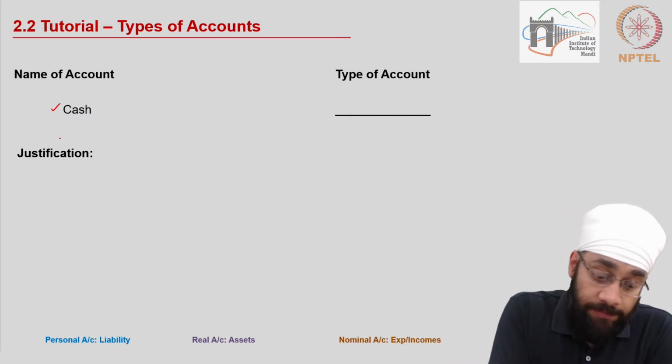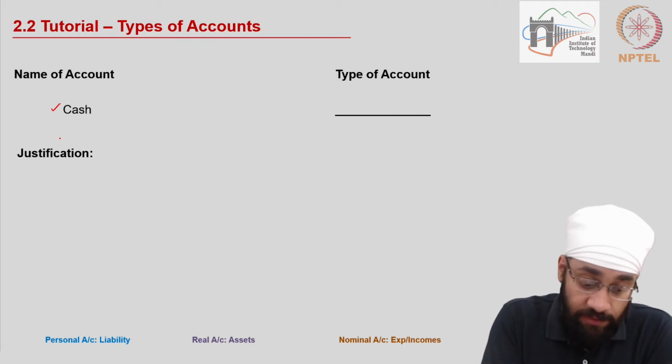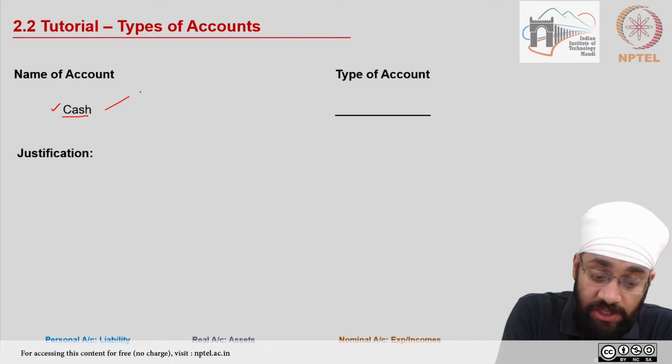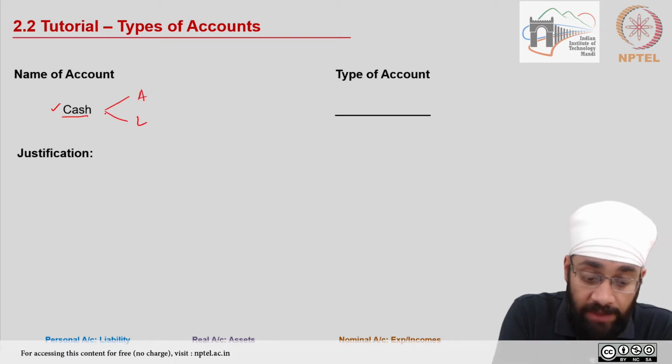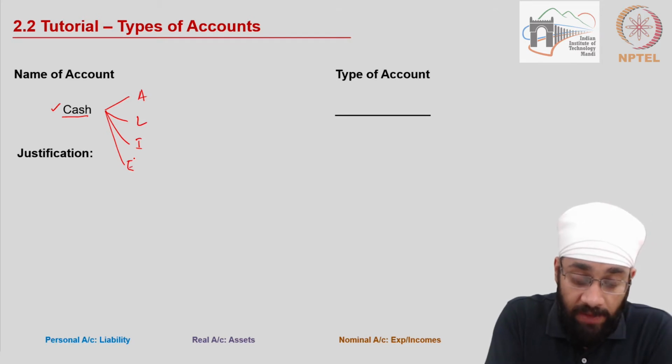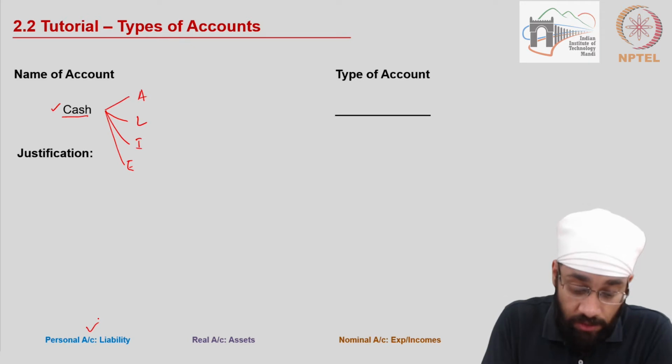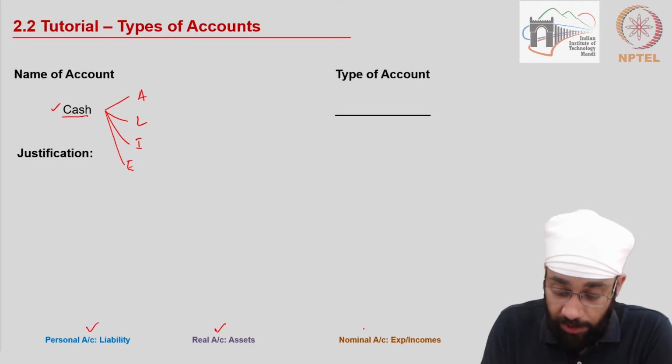The way to do that is as follows. We identify whether cash is an asset, liability, income, or expense. And then we have the standard rule at the bottom of the slide.